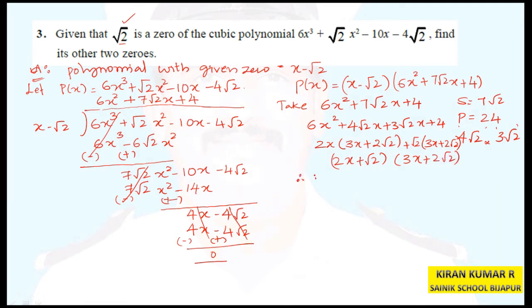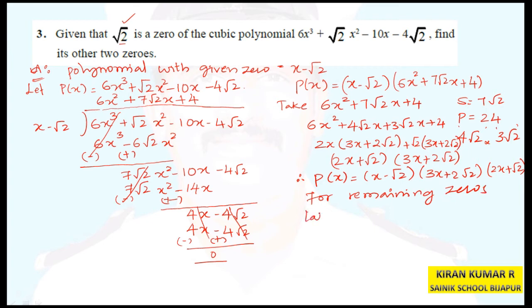Therefore, the given polynomial is the product of the factors x minus root 2, 3x plus 2 root 2, multiplied by 3x plus 4. So we have found all the factors. For the remaining zeros, take 3x plus 2 root 2 is 0.